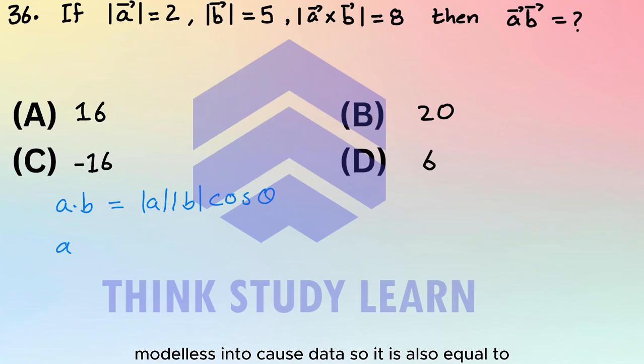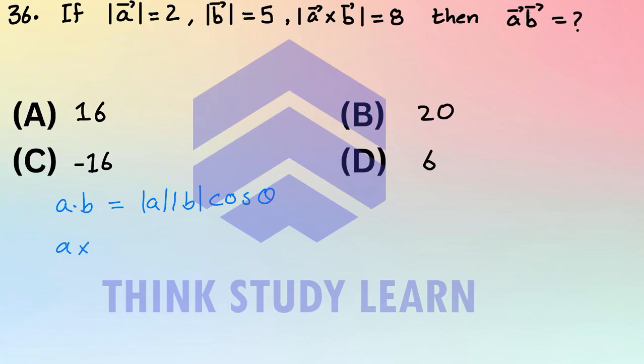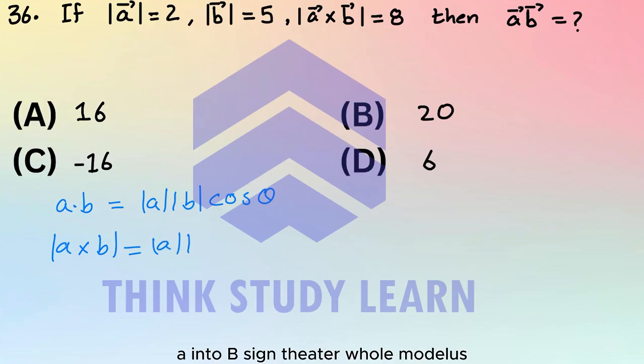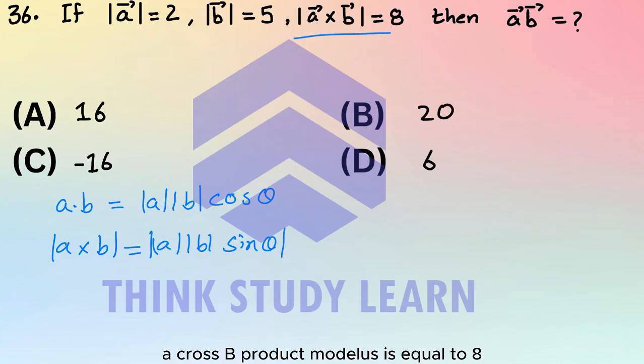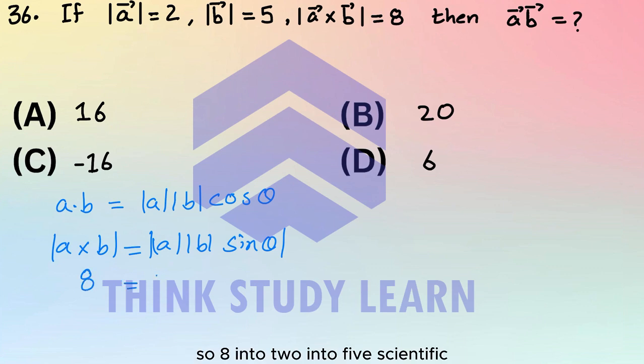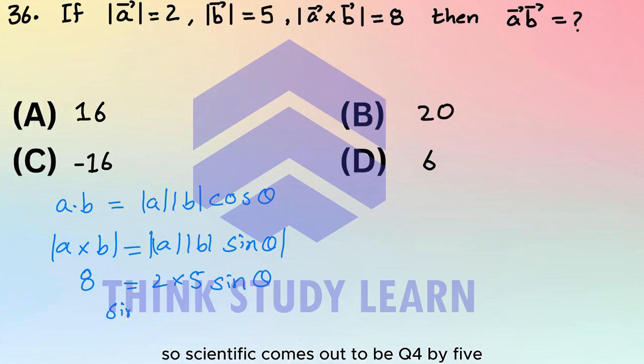The cross product modulus is also equal to A into B sine theta. So putting the values, we are given A cross B modulus is equal to 8. So 8 equals 2 into 5 sine theta. So sine theta comes out to be equal to 4 by 5.